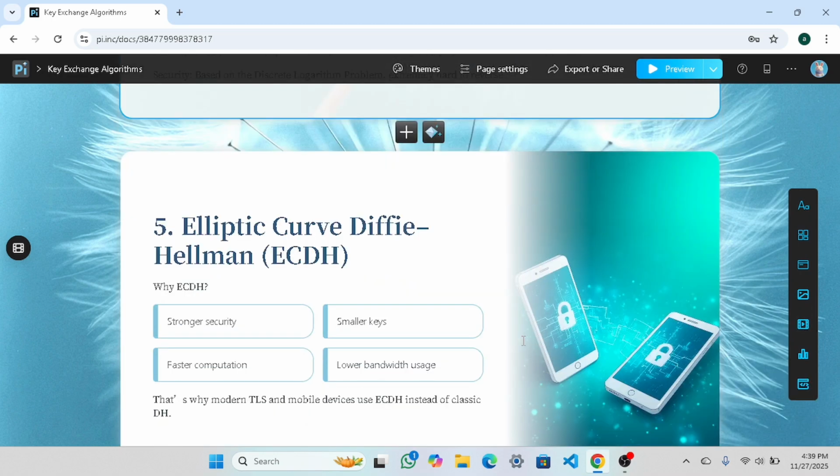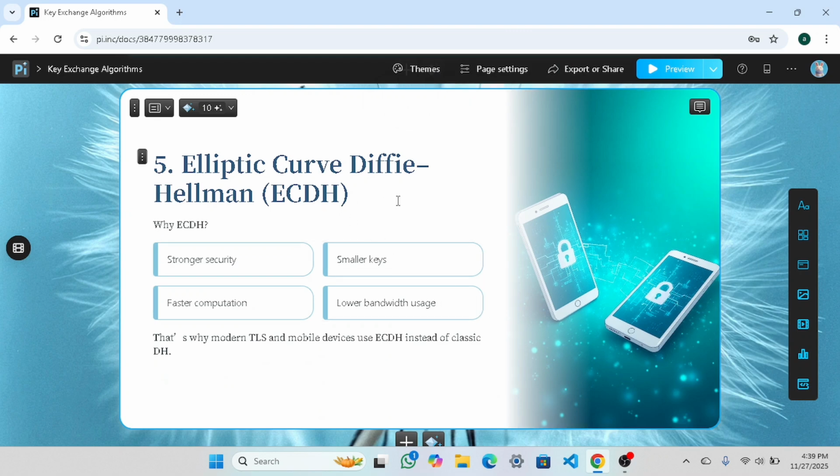Now, another one is ECDH. An overview of ECDH: it has strong security, smaller keys, faster computation, and lower bandwidth usage. That's why modern TLS and mobile devices use ECDH instead of classic DH.